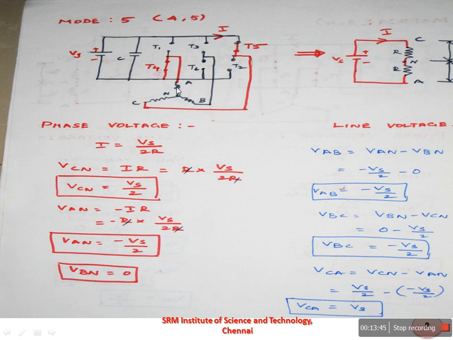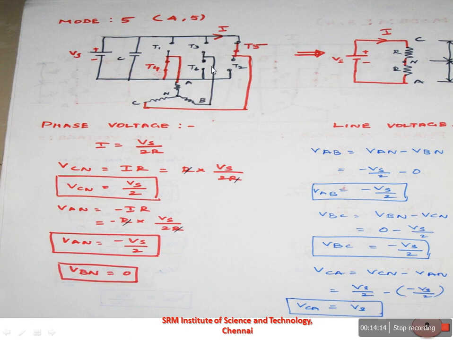Now if we see the A phase, it is connected to the negative of the supply input through thyristor T4, and the C phase has been connected to the positive of the supply input through T5. Phase B is connected to an open switch, so it is not connected to the supply input. If you measure the phase voltage across B and N, the voltage is going to be 0.